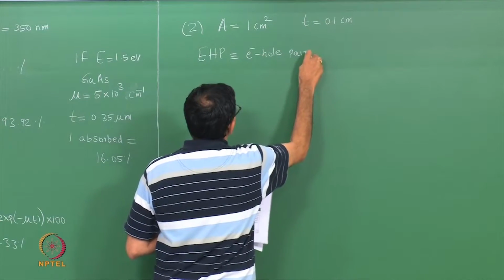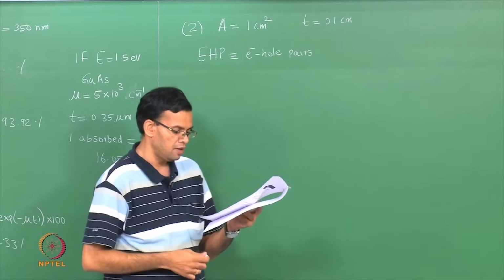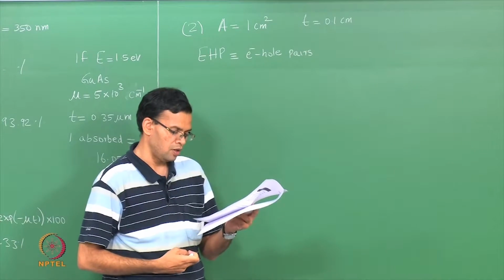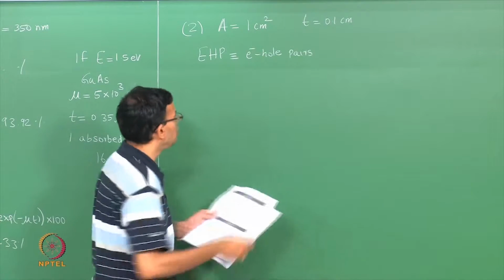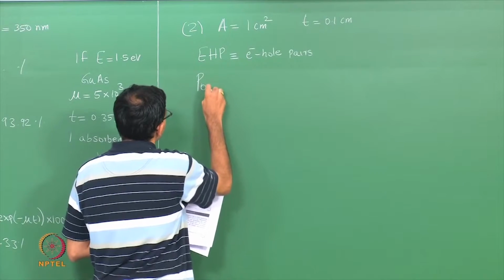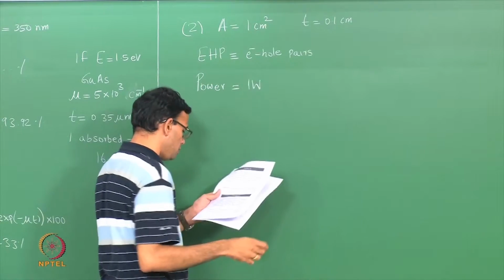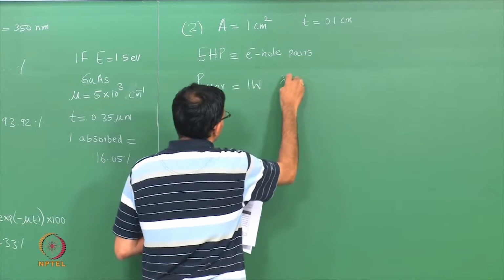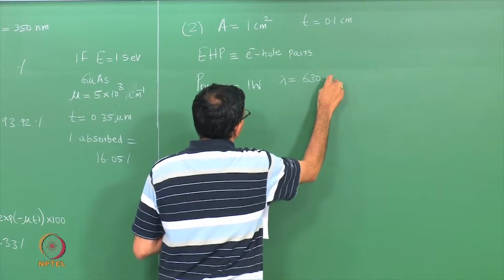So, we want to find the number of electron hole pairs that are generated per unit volume when you absorb light of 1 watt. So, the power is 1 watt and the wavelength lambda is 630 nanometers.